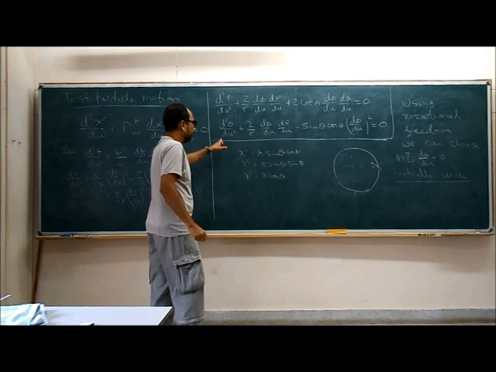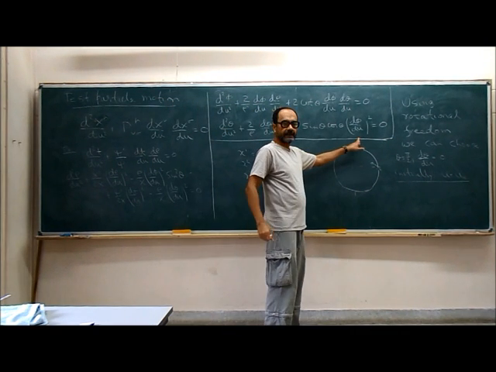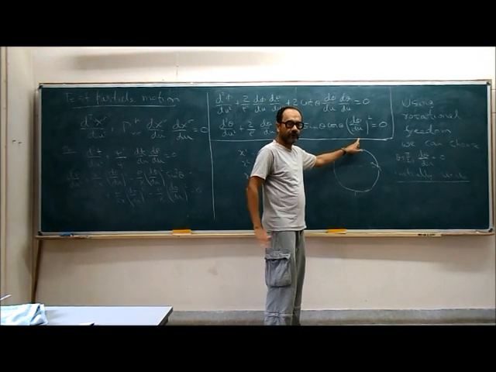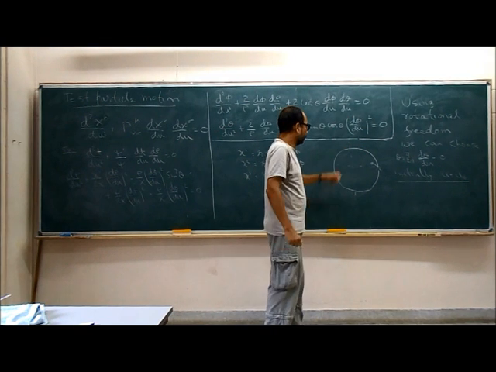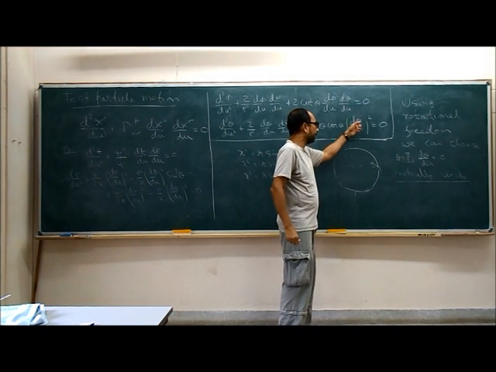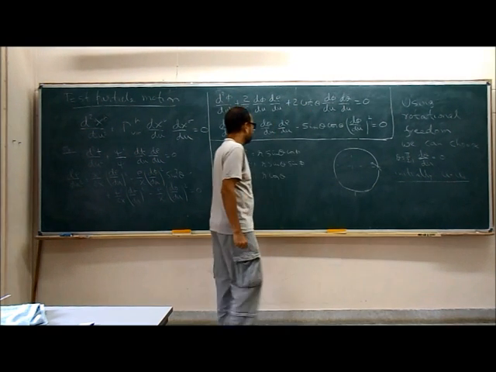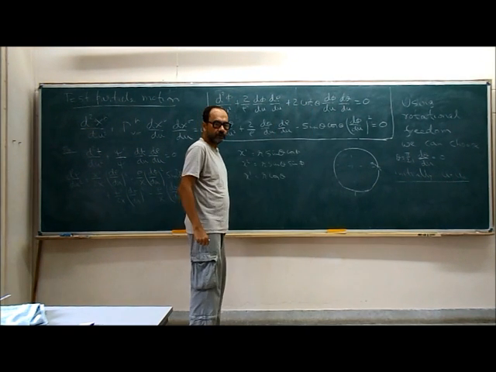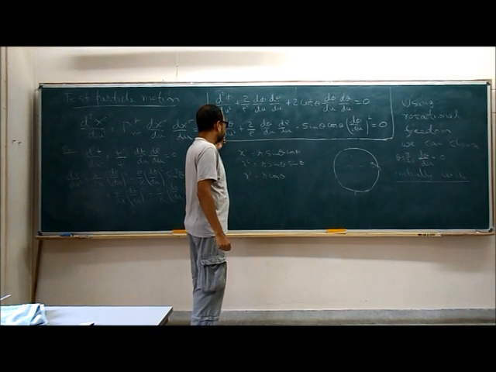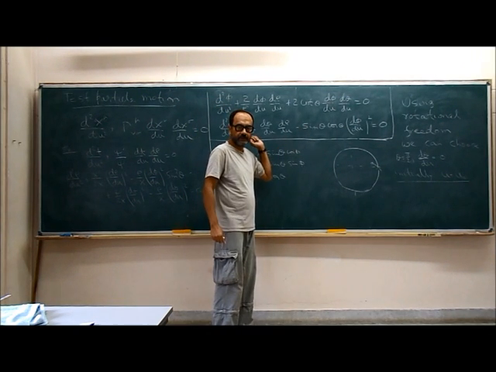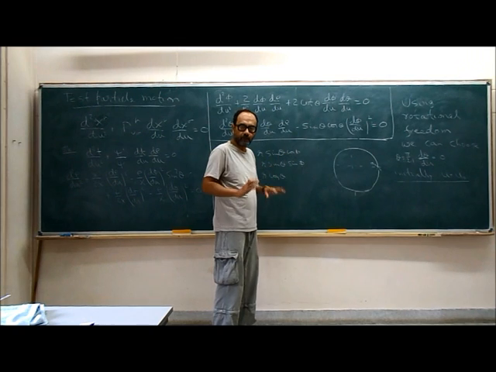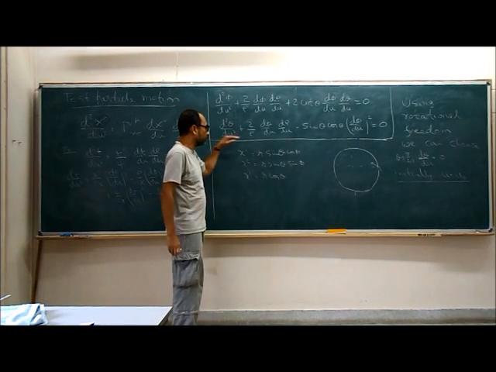Now let's look at this equation over here. We have already found a solution, which means that d phi du is some known function of u, d rho du is some known function of u, and theta satisfies an equation of this form. Theta has also been found, but let's just think of this as an equation that determines theta.